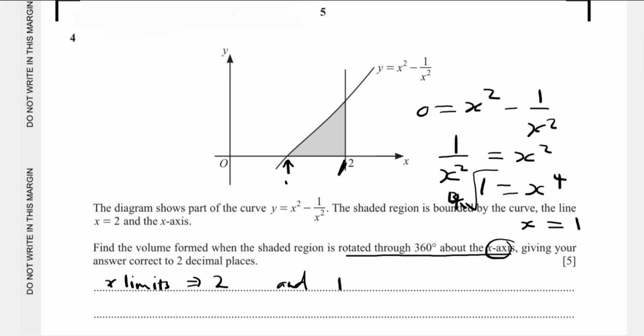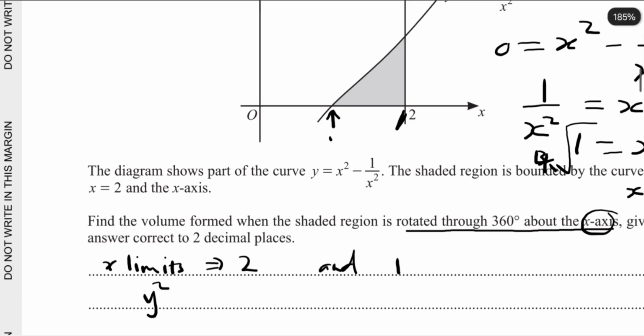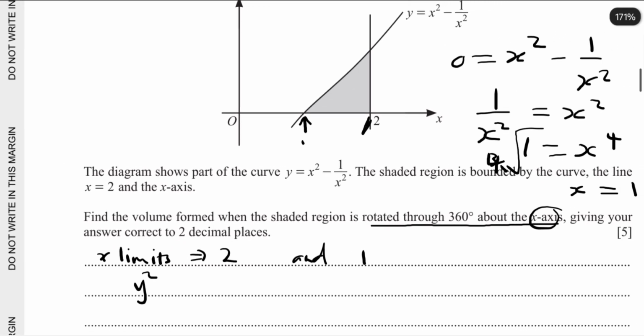And because they said it's being rotated through 360 about the x-axis, we know that we will be using an expression in y squared. If they say it's being rotated through the y-axis, you know that you'll be using an expression in x squared.